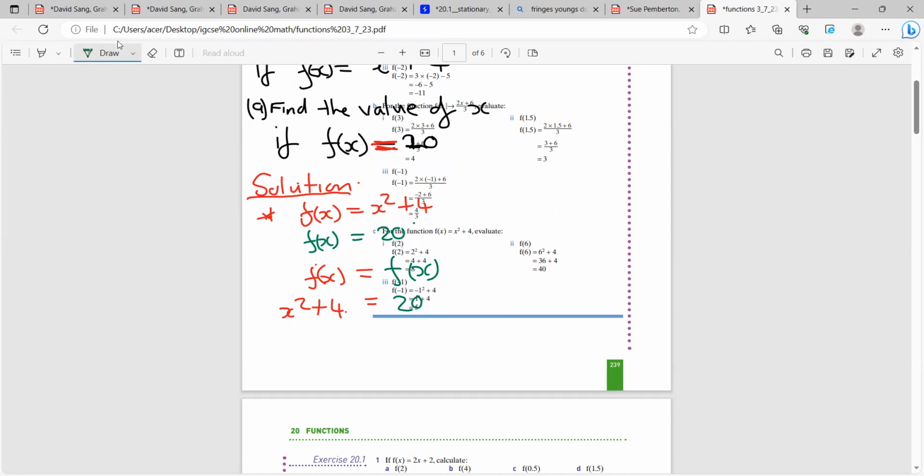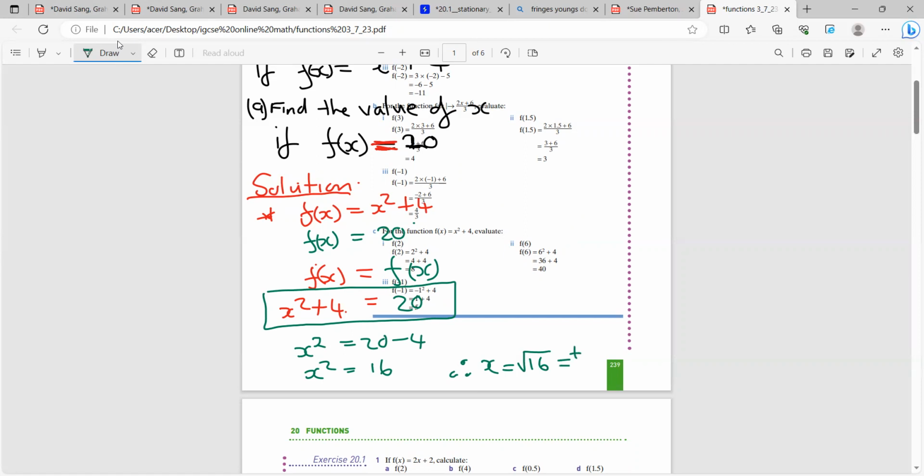Yes, sir. And then once you're here, you just need to solve your equation. So we take this to the other side. We have x squared equals 20 minus 4. X squared equals 16. So therefore, x is the square root of 16, which is plus or minus what? 4.